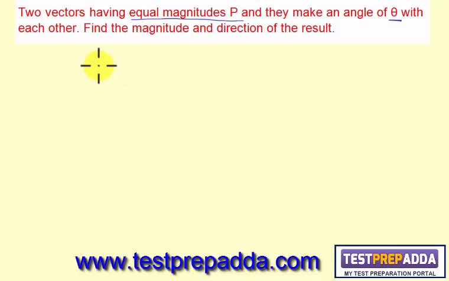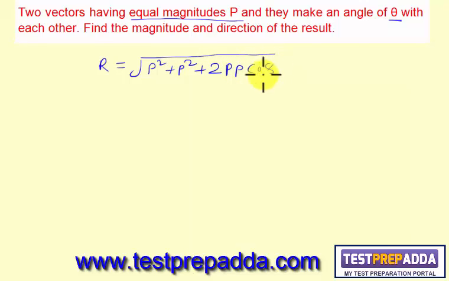Here again I'll use the same formula. R is equal to root of P square plus P square plus 2 P into P cos theta.